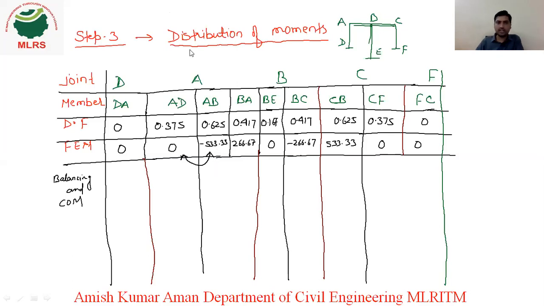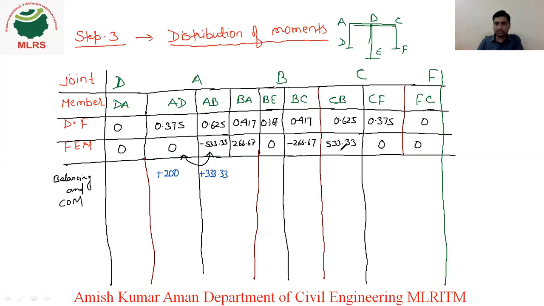When you do that, you are going to get here plus 200 and here plus 333.33. Okay, now coming to B. Here it is 266.67, again it is 0, again here minus 266.67, and here it is 533.33.